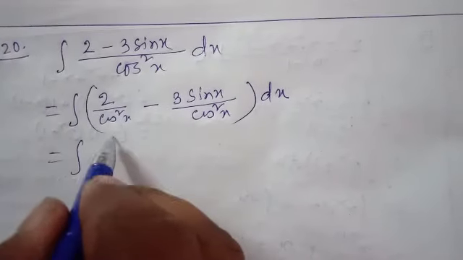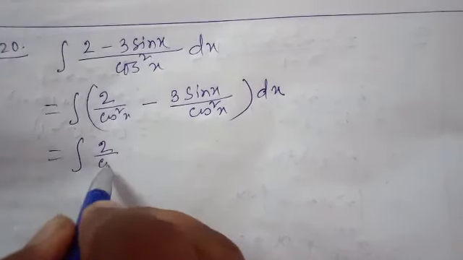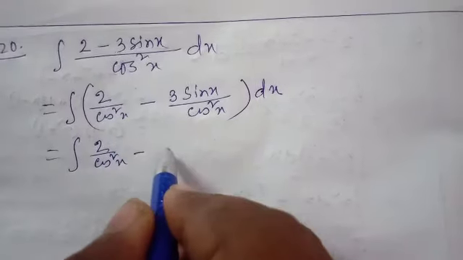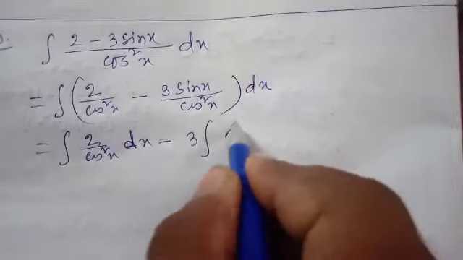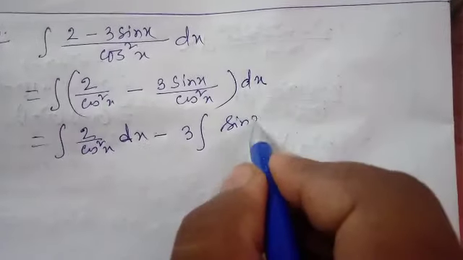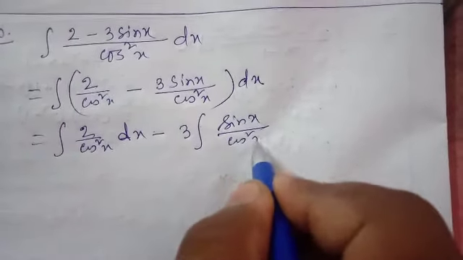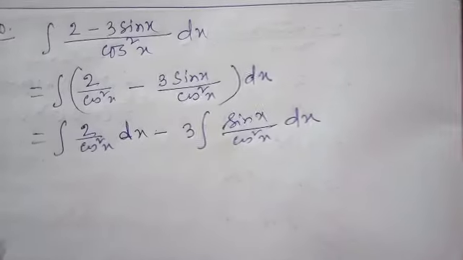So 2 by cos square x you write, minus 3 into sin x, you take common, sin x by cos square x dx.